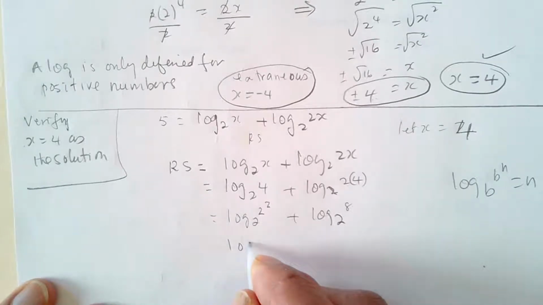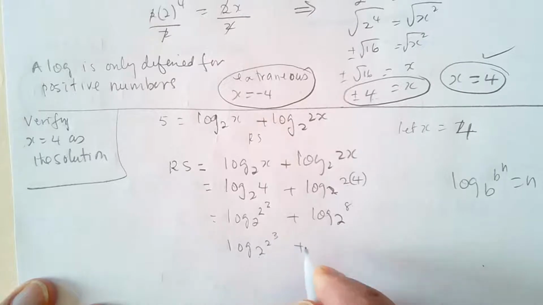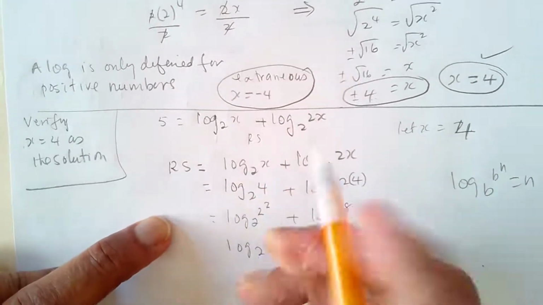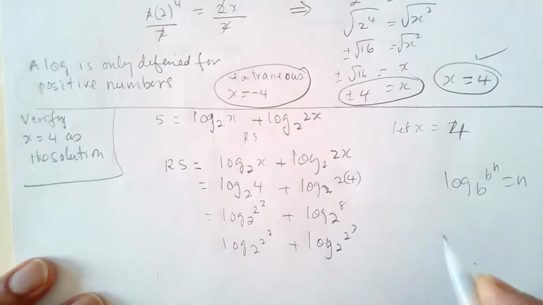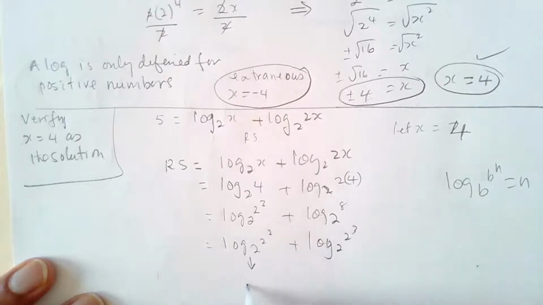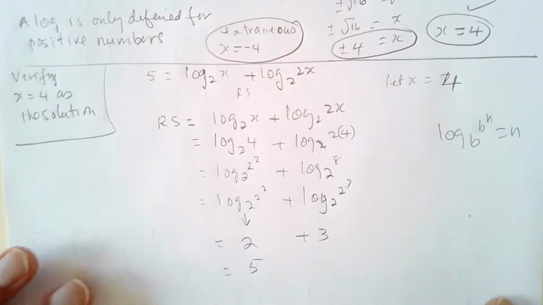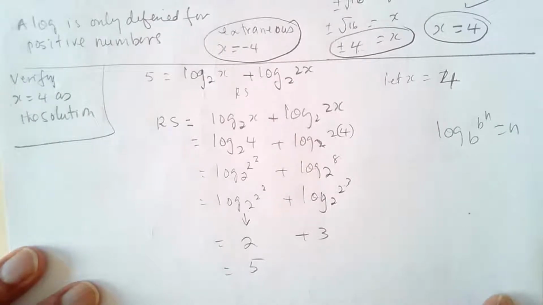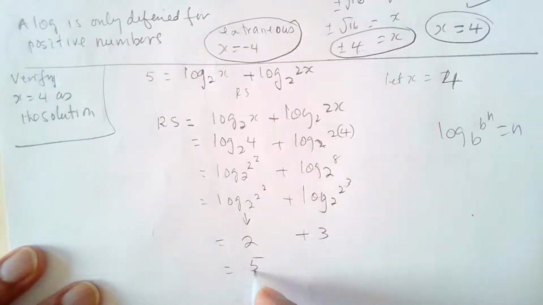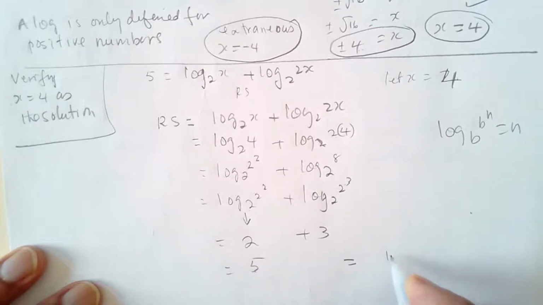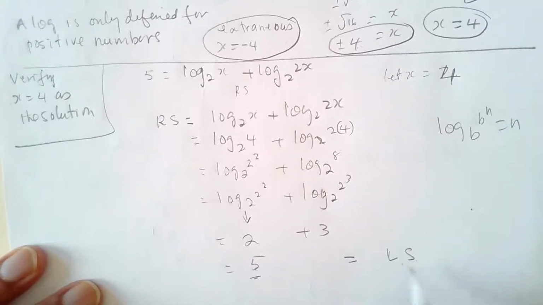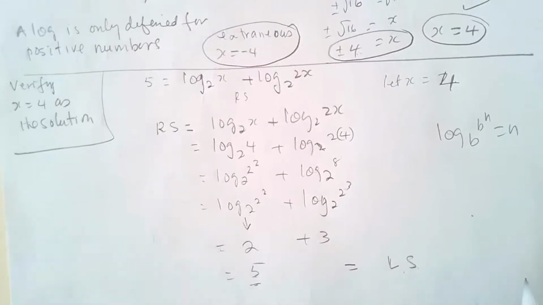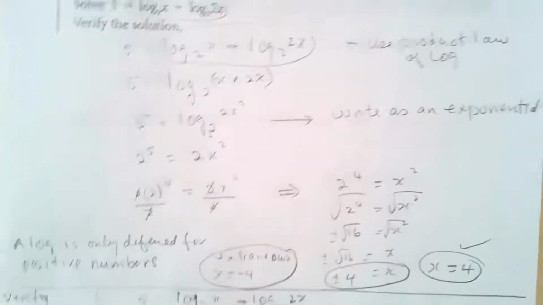So we can rewrite as 2 plus 3, so 5. So we can conclude the right side is 5, and it's equal to the left side, 5 equal to 5. That's verifying it.